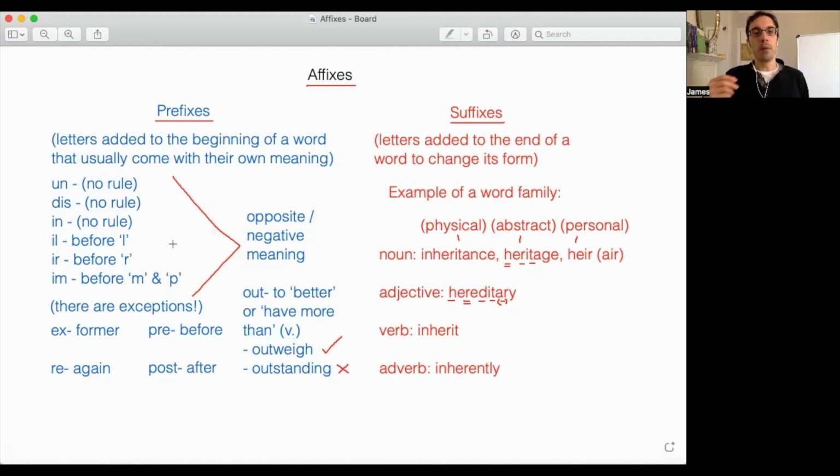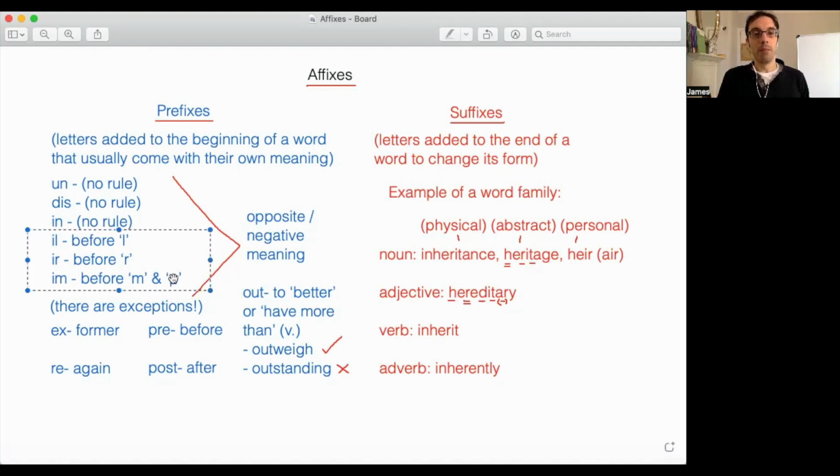Now, I do have a few examples that do have a general rule, though, and they are the 3 below it. So we've got IL, IR, and IM. So IL usually comes before words beginning with L. So, for example, legal, illegal. IR before words beginning with R. So, for example, regular and irregular, like irregular verbs.